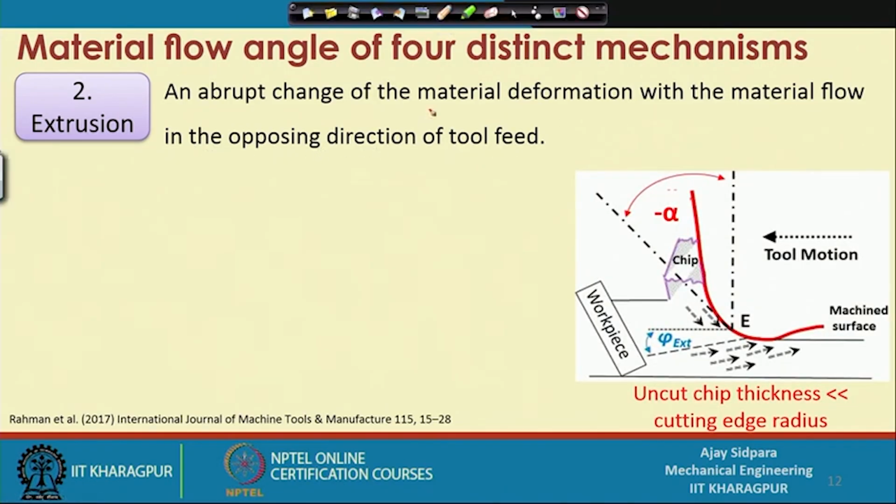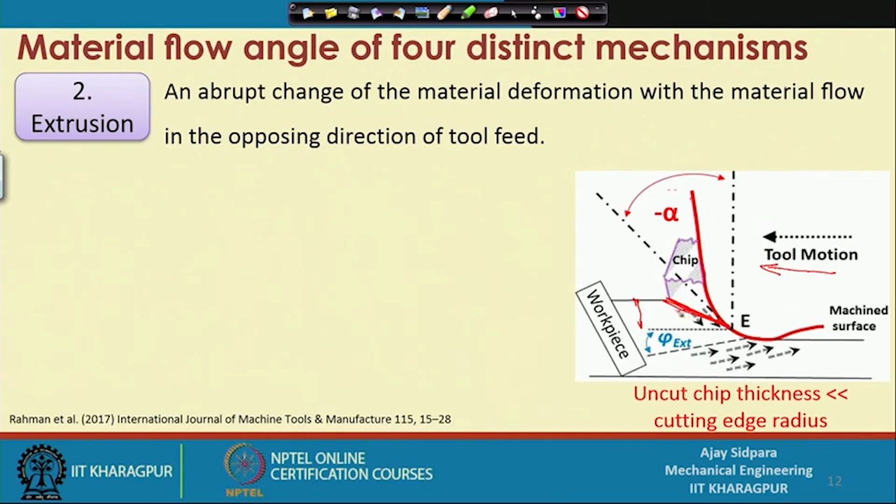Now we know that the tool is moving in this direction and our objective is to remove that material, and this is the particular zone through which the material deformation takes place. So, only a small amount of material. This is our HC.